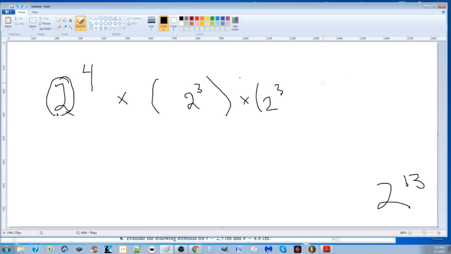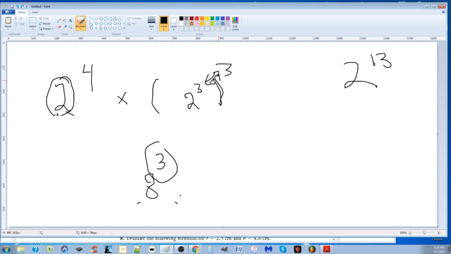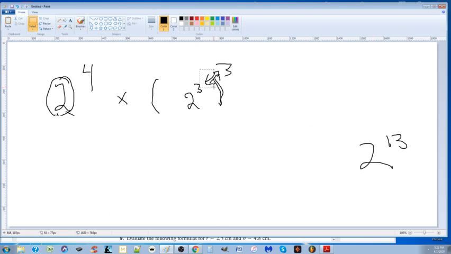Let's see if I could have come up with 2 to the 9 in a different way. Well, wait a minute. 2 to the 3 to the power of 3. I'm just looking at that now. Sorry, this thing always has to be clicked twice. So I'm looking at this here now, right there. Wait a minute, instead of doing 2 to the 9 after adding it all up, I see that 3 times 3 here, when it's an exponent of an exponent, I can just multiply them instead of adding them.